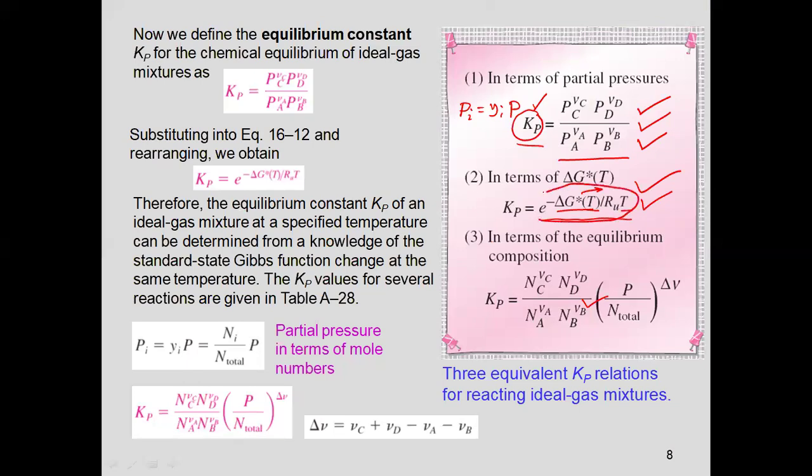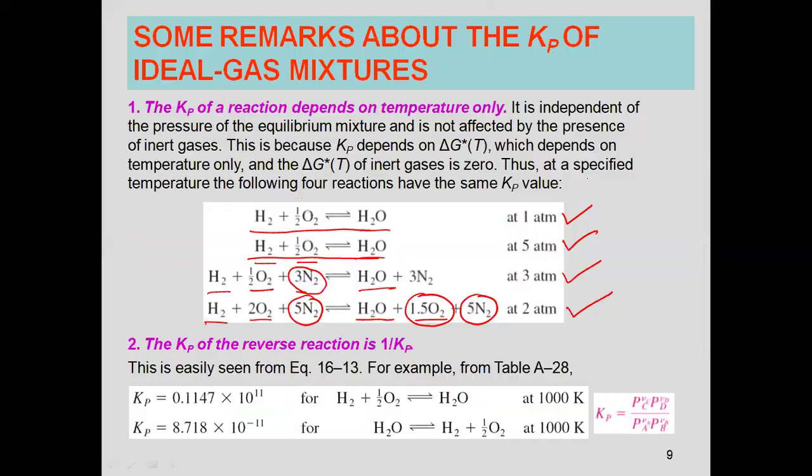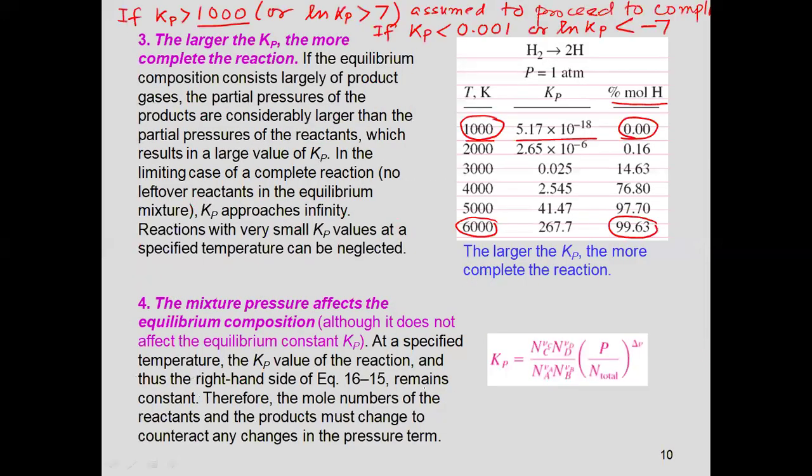So the Kp value remains constant. Therefore, the mole numbers of the reactants and the products must change to counteract any change in the pressure term. So what is the meaning? The number of moles of the reactants and the products must change to counteract any changes in the pressure term.